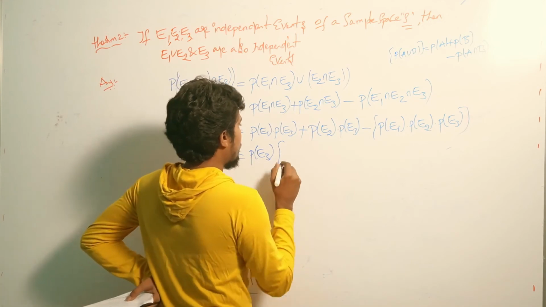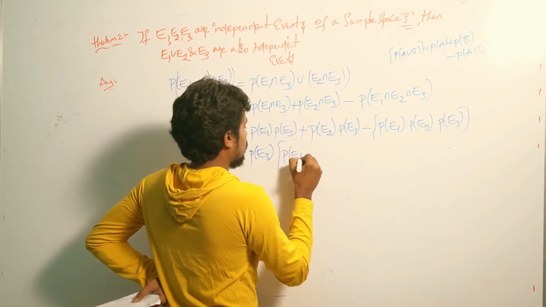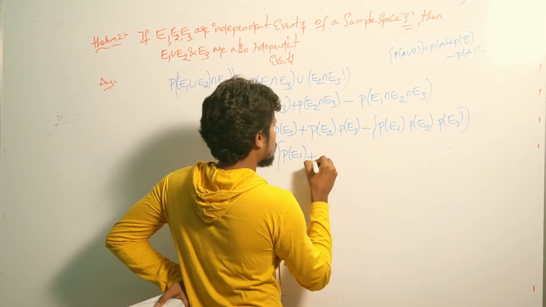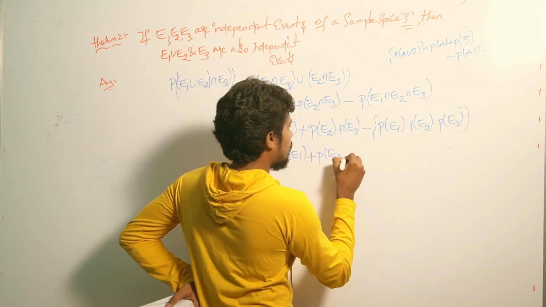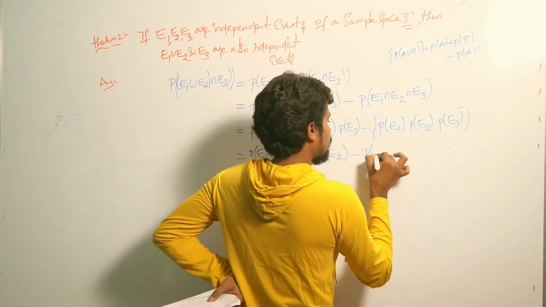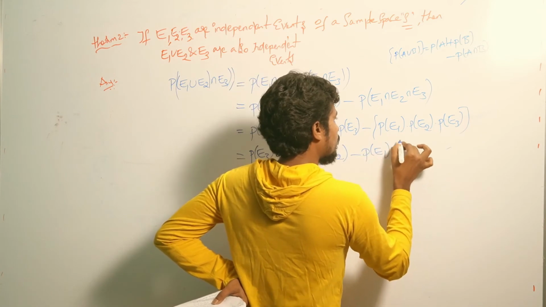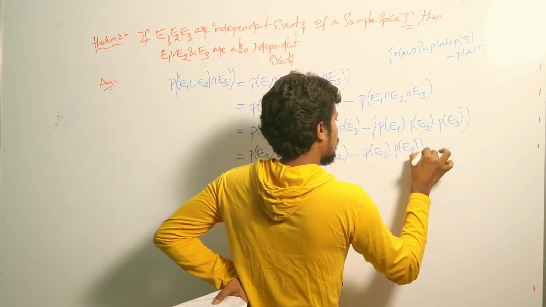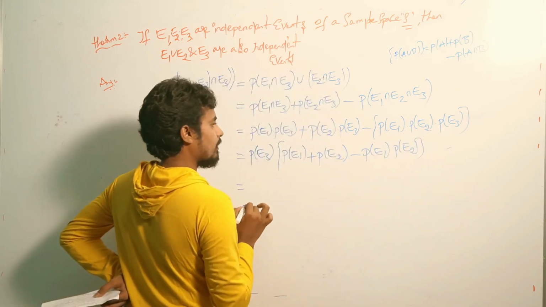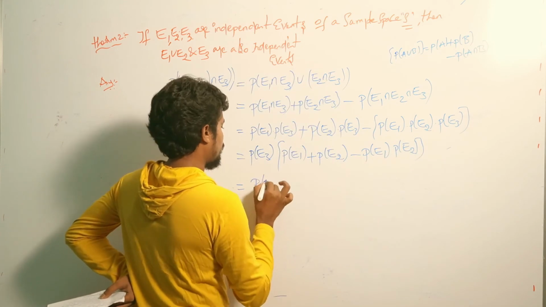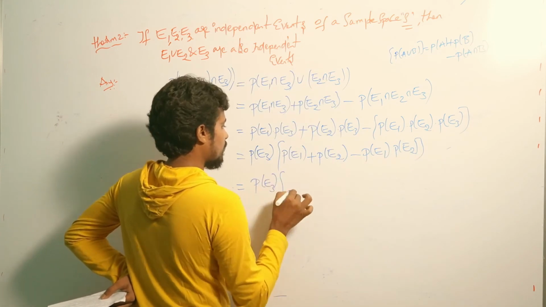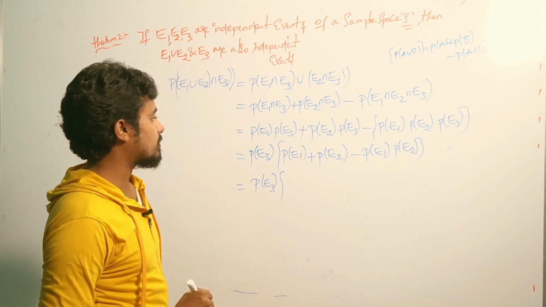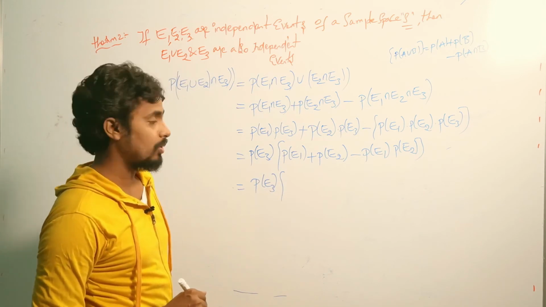This will be the P of E1 plus P of E2 minus P of E1 into P of E2, and P of E3, this will be the P of E1 plus P of E2 minus P of E1 into E2.